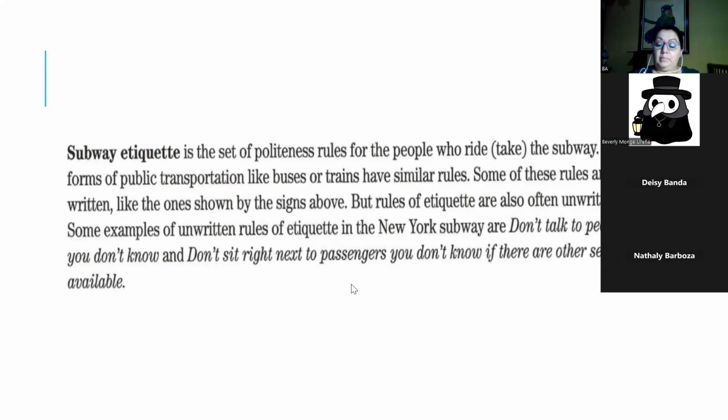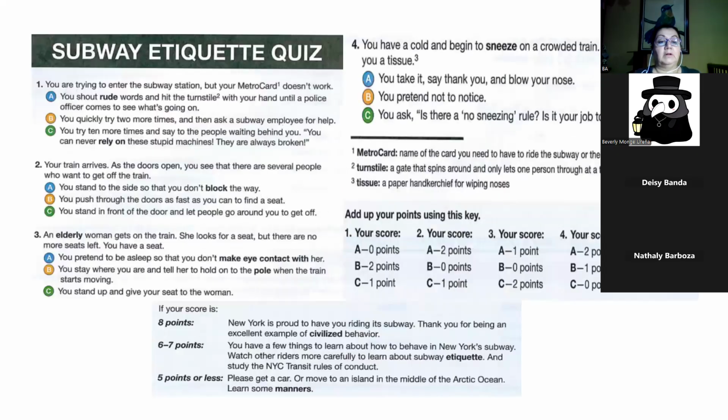Okay. Now, there is a quiz for subway etiquette. Okay, maybe we can do it together. You are trying to enter the subway station, but your Metro card doesn't work. You shout rude words and hit the turnstile with your hand until a police officer comes to see what's going on.